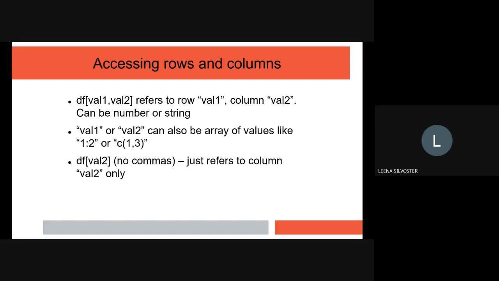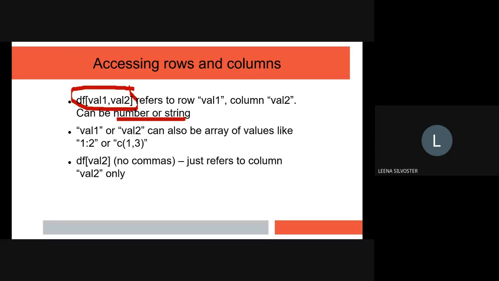How to access the rows and columns of the data frame? We can access a data frame using this syntax. Here df is the data frame, and value 1 refers to the rows and value 2 refers to the columns. The row or column can be a number or string.